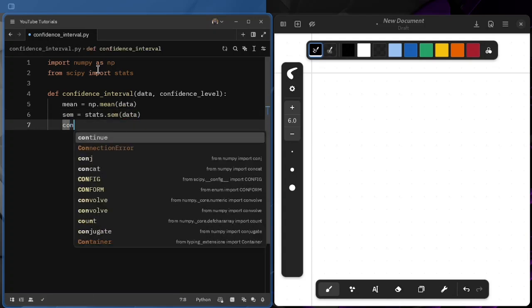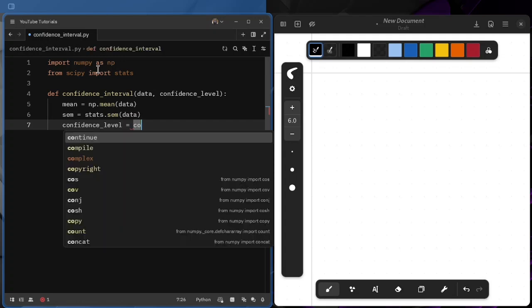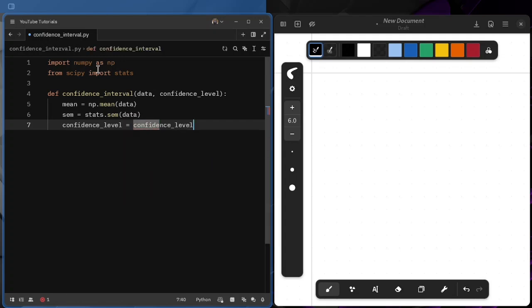Right now, the confidence level that we have received from the user, since I have received an exact value like 95, 98, I'm going to convert it into a decimal value. You can directly accept decimals as well.